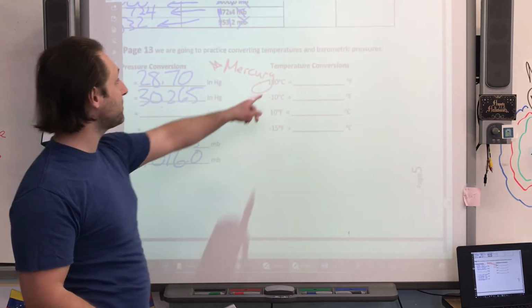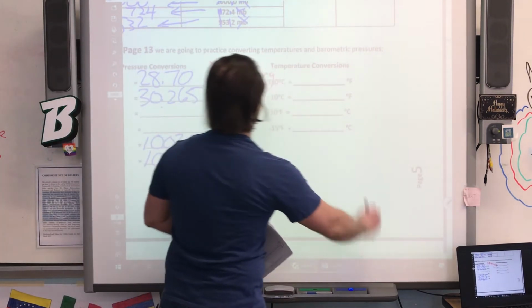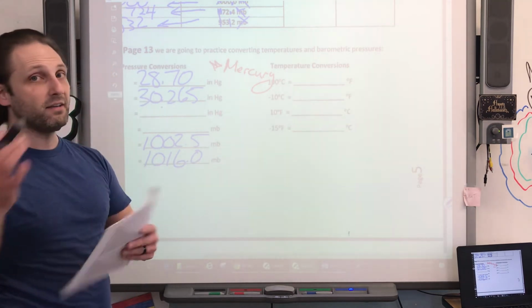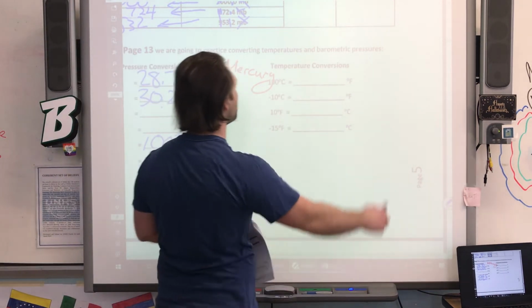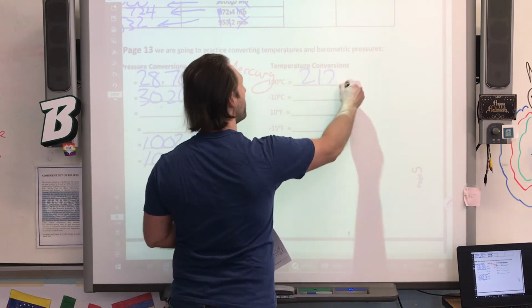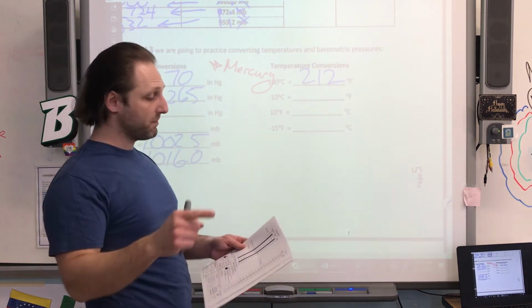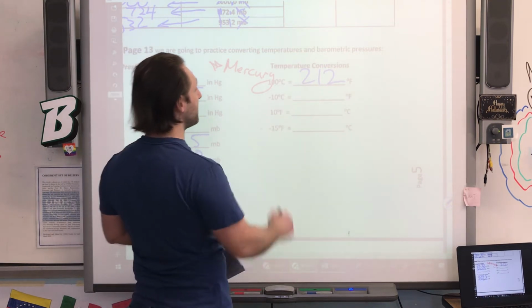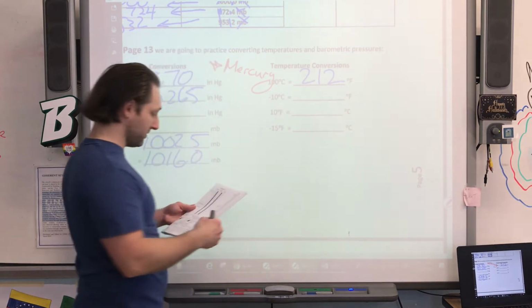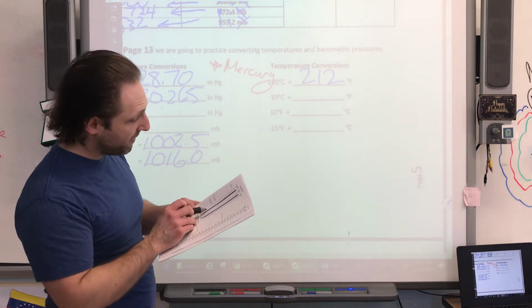All right, so temperature conversions. We've got 100 degrees Celsius and Fahrenheit. That one, if you remember from phases of water, the phase change for vaporization, 212 degrees Fahrenheit, but if you don't remember it, it is here. Okay. Let's do a negative. So negative 15 to Celsius. So we're going to find negative 15.